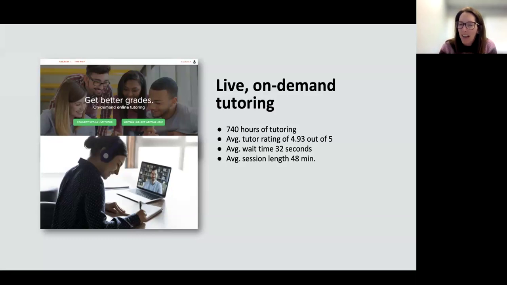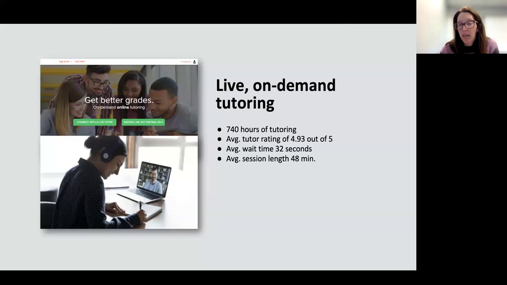The average wait time to get a tutor is 32 seconds, which is unbelievable. And then the average session length is usually a little under an hour, which is also amazing. It shows that these tutors are really engaging with service members, really making sure that they understand the content.